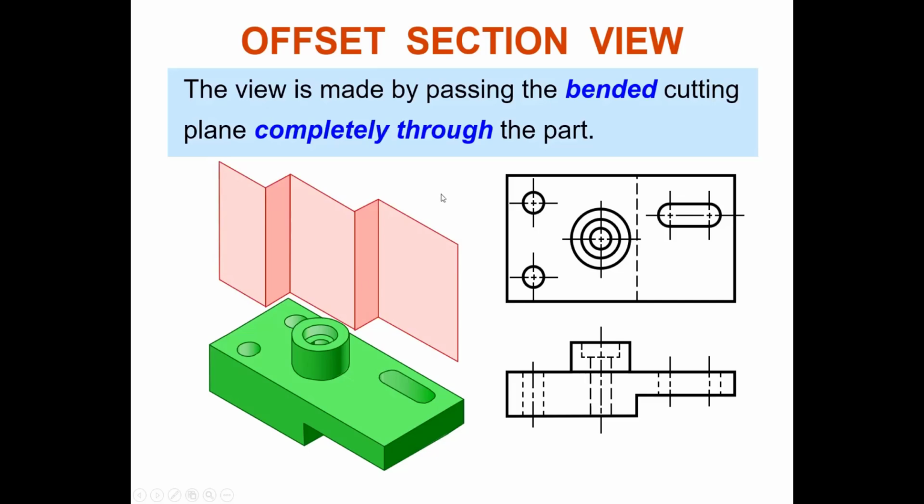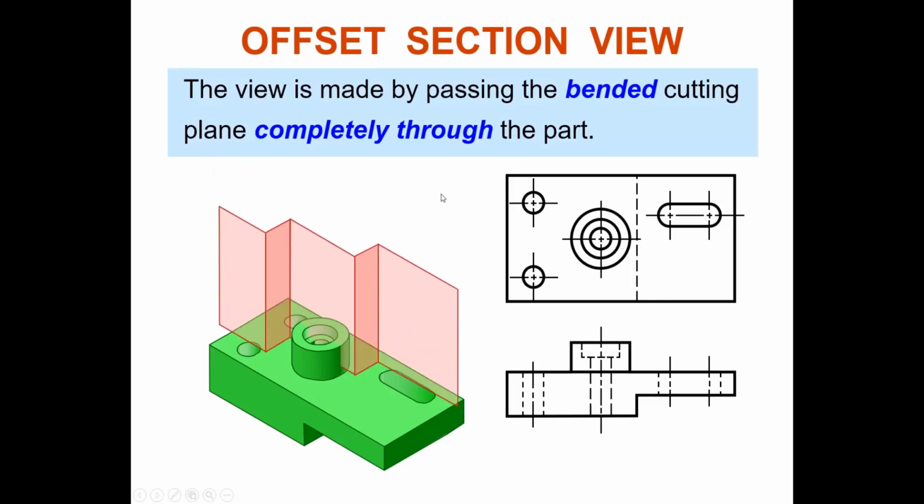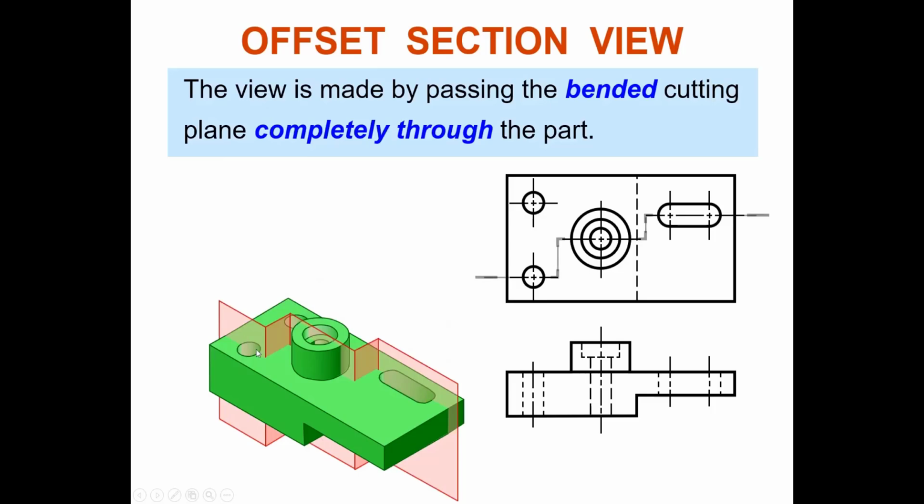Okay, the shaded area is your offset cutting plane. Now, can you see it cuts one of the round drill-through holes, and also the protruding cylinder with the C-bore, and it also cuts through the slot. If you look at your top view, the plan view, can you see your cutting line, your section line?